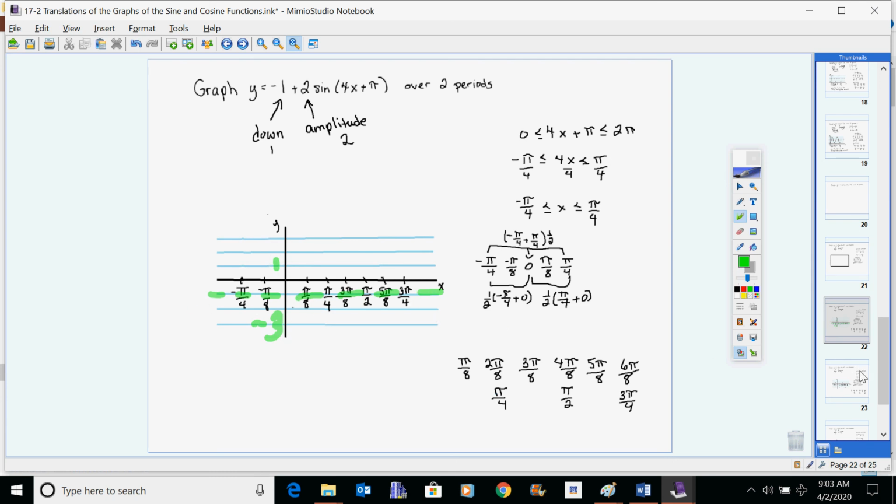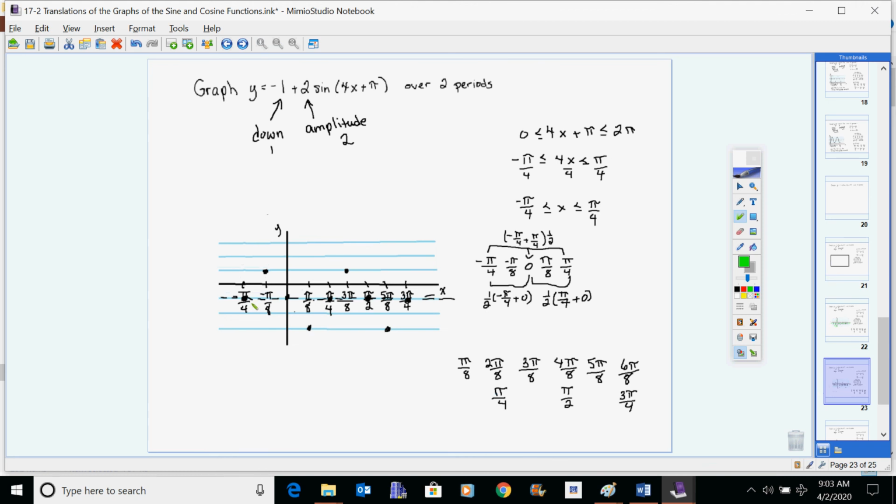Okay. Then because it's a sine wave, you start in the middle and you go up, then you go to the middle, then you go down, then middle, up, middle, down, middle. Don't forget the middles. A sine wave starts on the base and goes up and down and up.